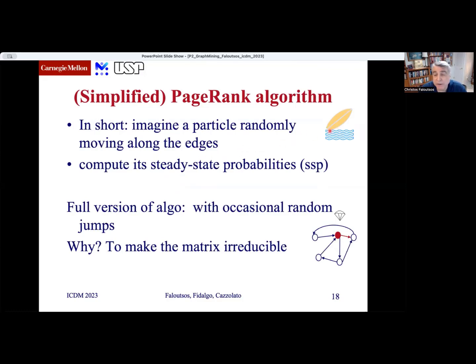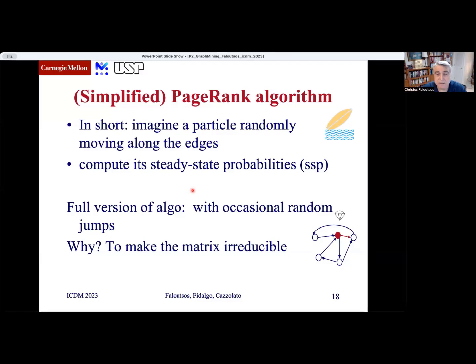And this very intuitive mental picture of a surfer moving around on a graph gives exactly what we want: a steady state probability with high values for well-connected nodes, well-pointed-to nodes. There is one important step in this algorithm. Occasionally, they allow for random jumps.